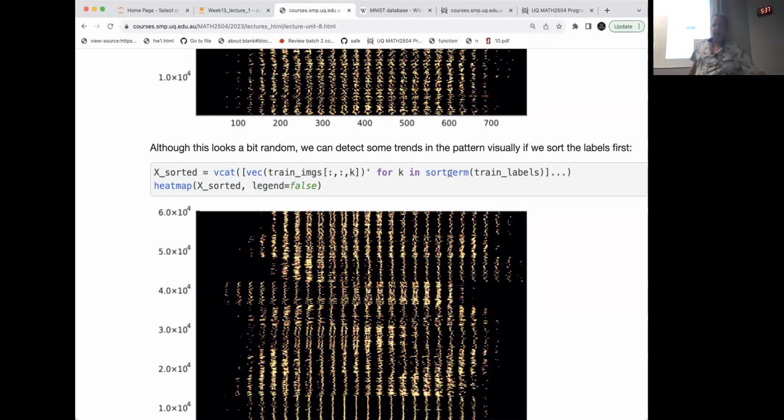So what you have here are the first ones: these are the digits 0, and these are the digits 1, and these are the digits 2, and these are the digits 3, and digits 4, etc. You've got 60,000 divided by 10, which is 6,000. This is a balanced data set. Balanced means it's approximately the same number of images of each digit.